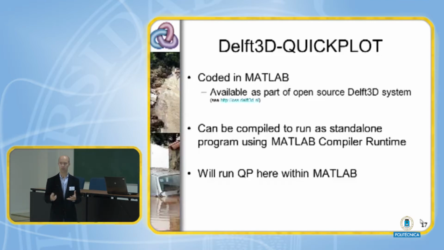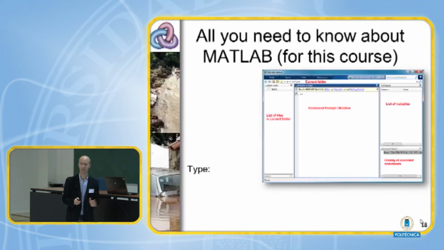It can be compiled to run as a standalone tool, but since we cannot install anything on the local machines here, we'll run it for this course within MATLAB. For those of you who don't know MATLAB, you don't need to know much about it during this course.